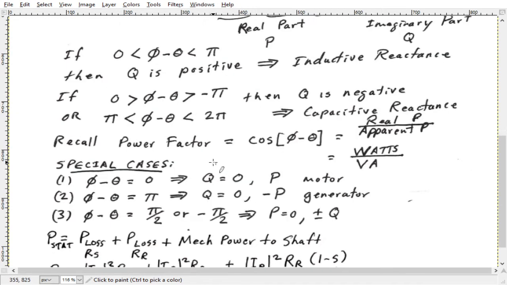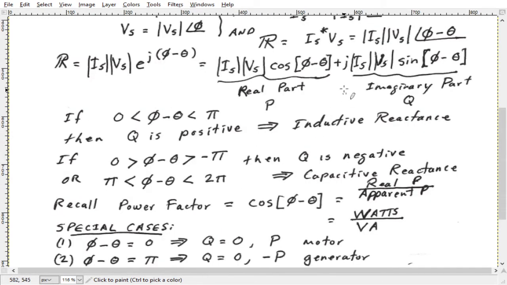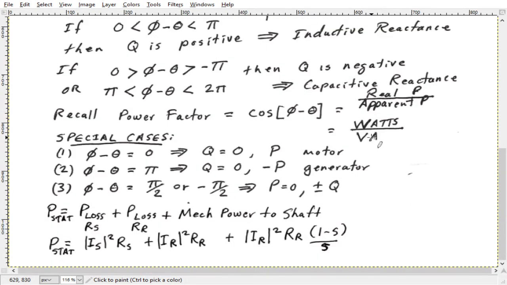Recall that power factor equals the cosine of the angle between the voltage and the current. Cosine is an even function, so it doesn't matter if it's negative or not. This equals the real power over the apparent power. The apparent power is you just take the voltage and multiply it by the current without regard to any angle. The real part is the apparent power times the cosine of the angle. So watts over volt amperes is the power factor.